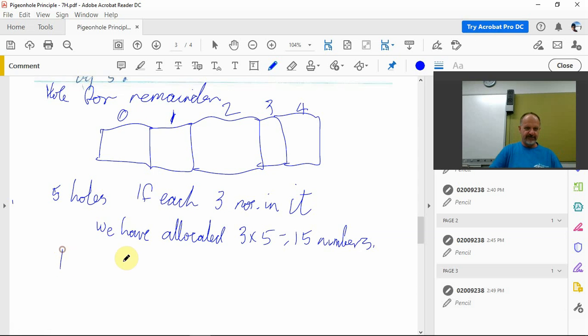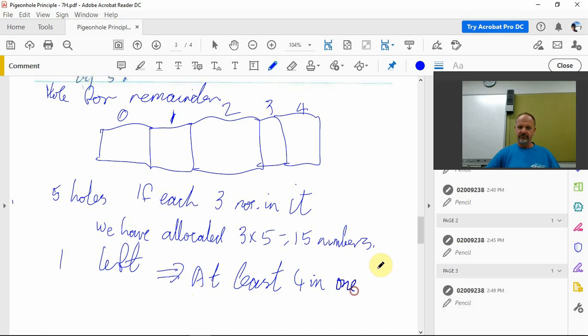So we've got one left. So when we put that in, at least 4 in one of the holes. Remember, it's the at least 4 in one hole. Could have 5, could have 6, but at least 4 is in one of them.